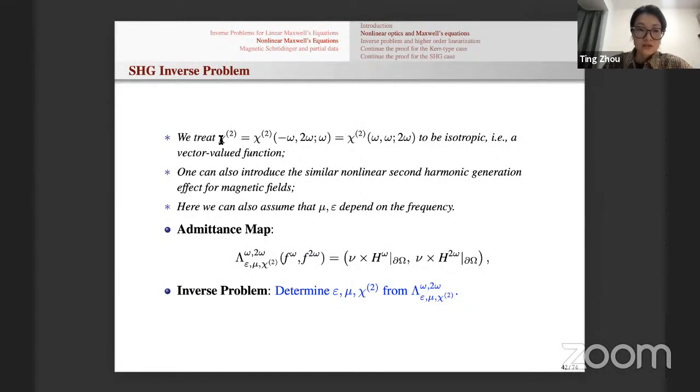So for Chi2, if you recall, it should be a 3 tensor. And for simplicity, we here assume they are being isotropic, that means we should assume them being vector valued. For simplicity, I didn't show the magnetic side of the nonlinearity. You can introduce a similar nonlinear magnetization to this system as well.